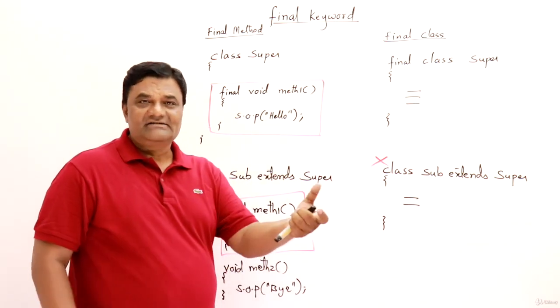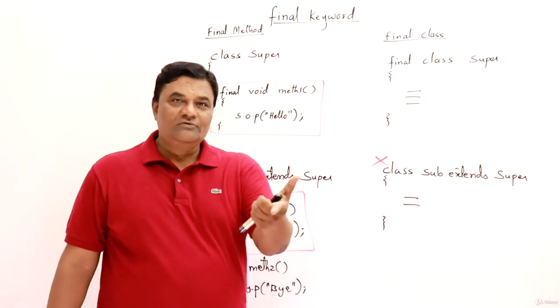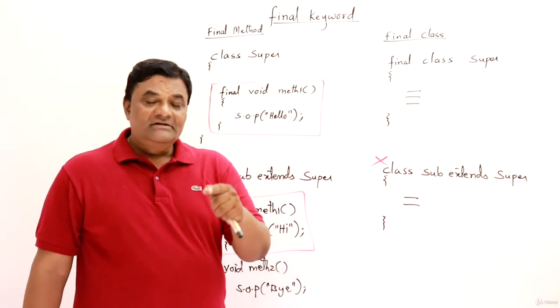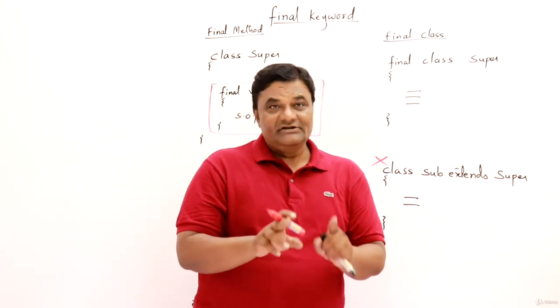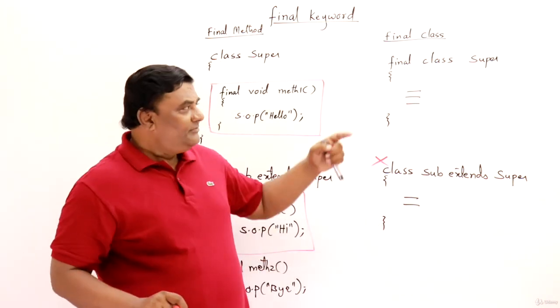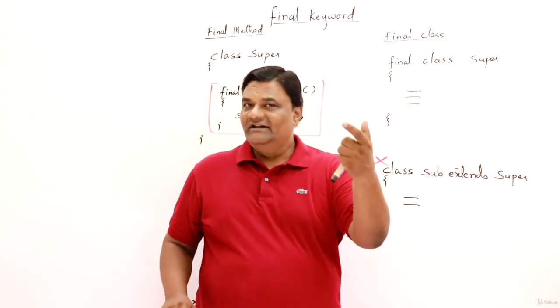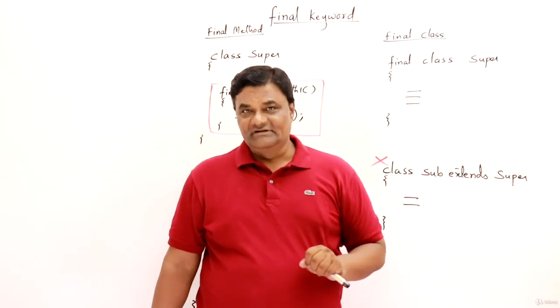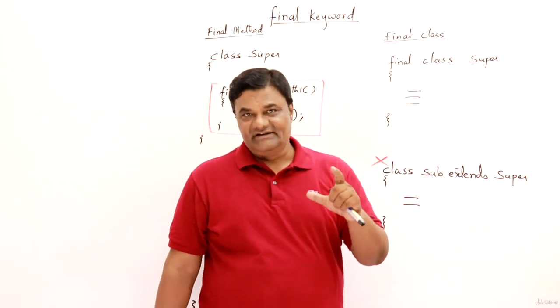Not all, some classes have some methods, don't override them. So you make them final, they cannot override them. And you are asking them not to inherit from so-and-so classes. Use them, but don't inherit. You make them final. If you make the class final, they cannot inherit. They can just use it. This is how you can set the policy. So this is useful in such cases.